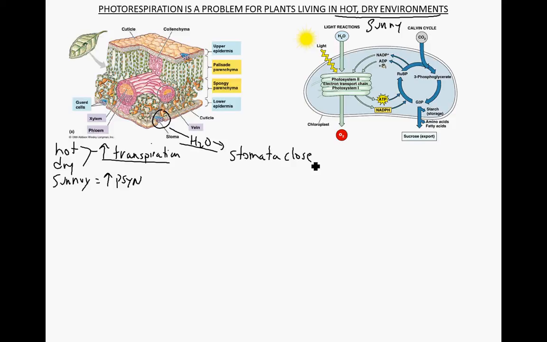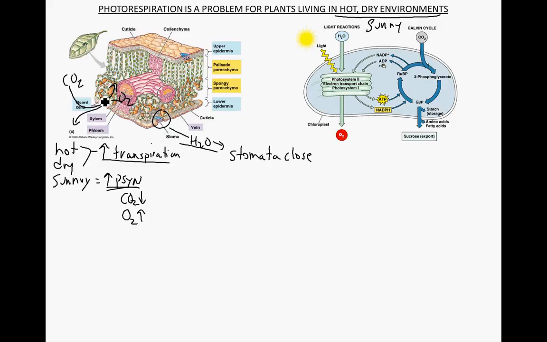But the problem with these closed stomata is that when it's sunny, you're doing photosynthesis. And so your CO2 levels would be going down because you're using carbon dioxide, and your O2 levels would be going up because of the high photosynthetic rates. Now, the stomata being open is a place where CO2 gets into the leaf and where the O2 would come out of the leaf.